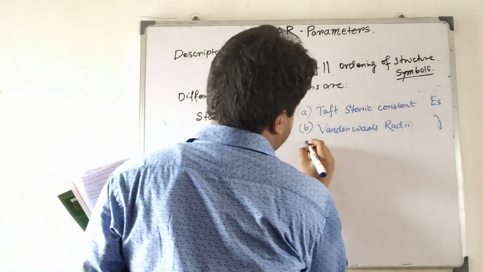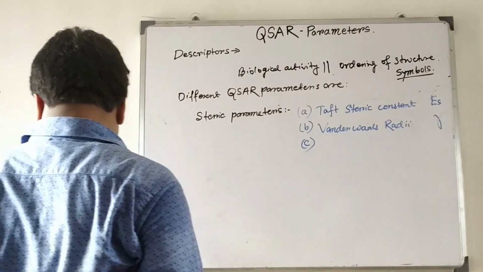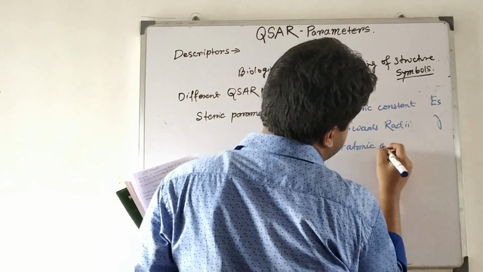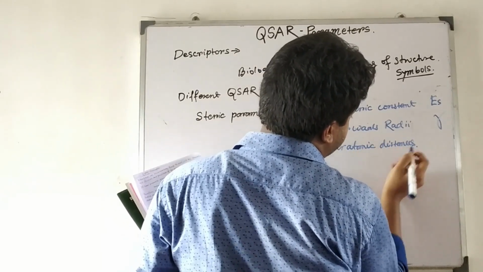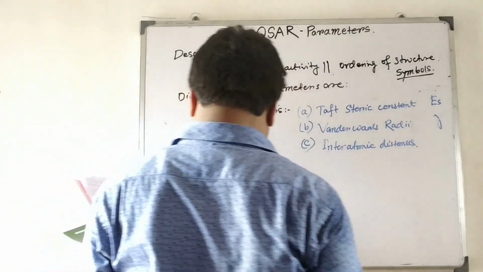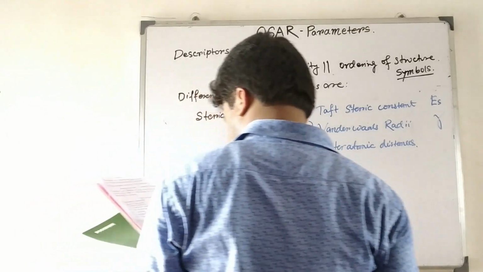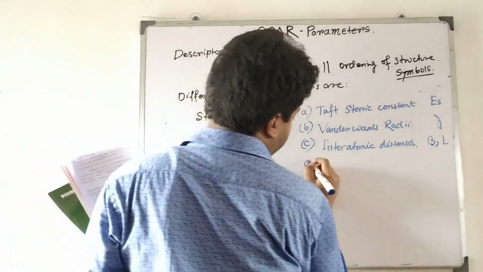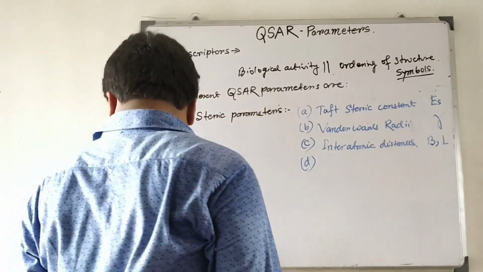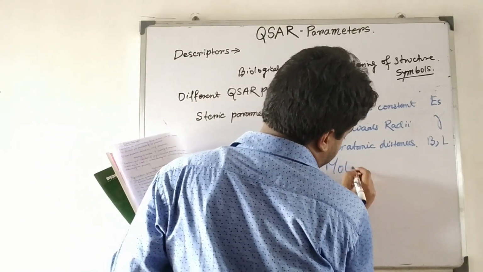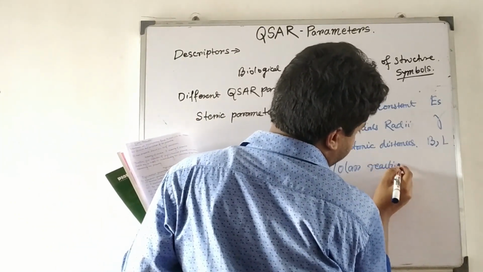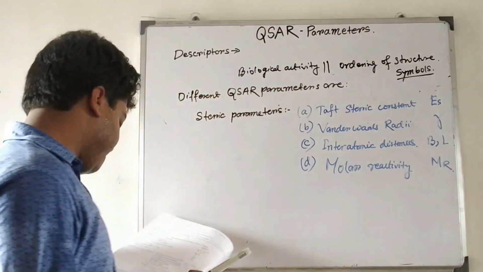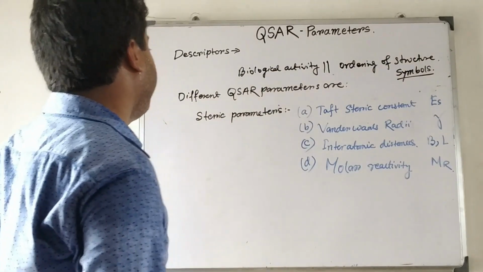We have interatomic distances, which we represent as P or L. And in the case of molar refractivity, as MR.